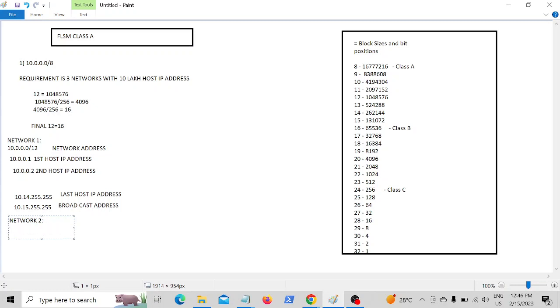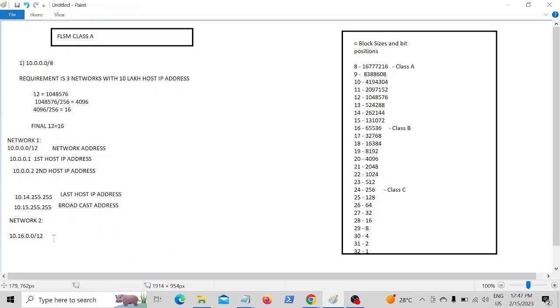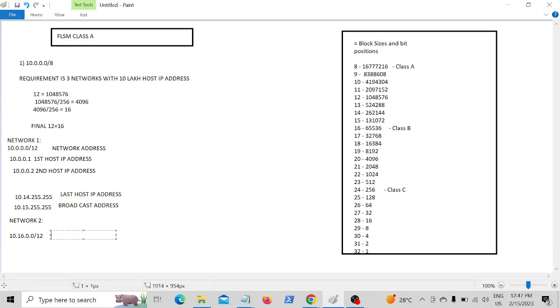Network 2 will be 10.16.0.0 slash 12. This is the network address.